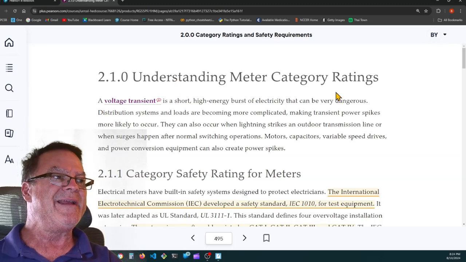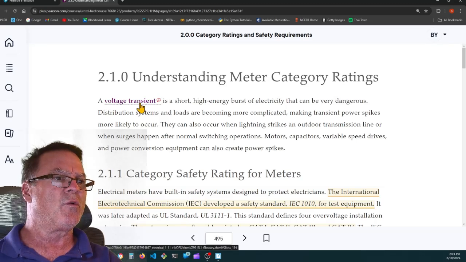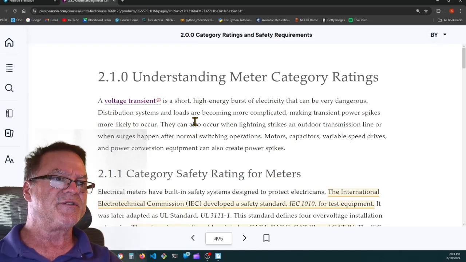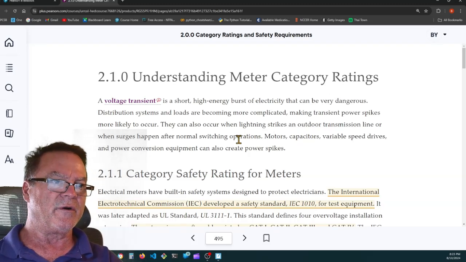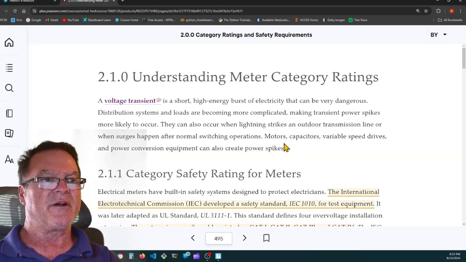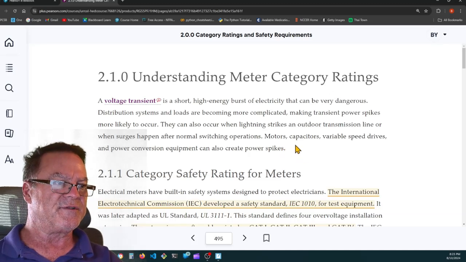2.1.0 Understanding meter category ratings. A voltage transient is a short, high-energy burst of electricity that can be very dangerous. Distribution systems and loads are becoming more complicated, making transient power spikes more likely to occur. They can also occur when lightning strikes an outdoor transmission line or when surges happen after normal switching operations.